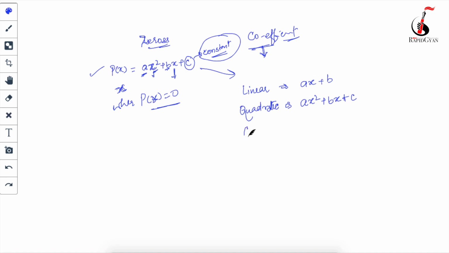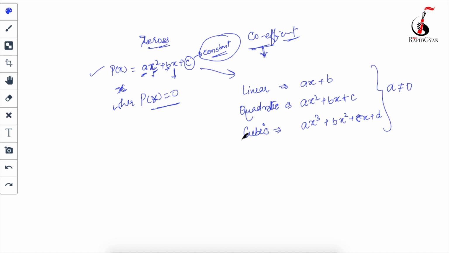And then there is the cubic polynomial, in the form of ax³ + bx² + cx + d. In all these three cases, the value of a cannot be equal to 0.